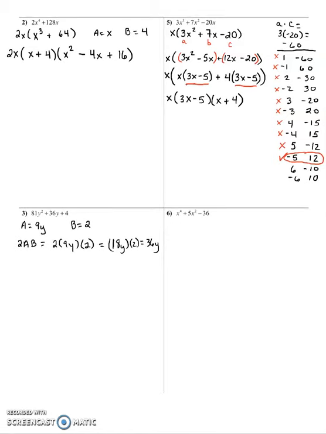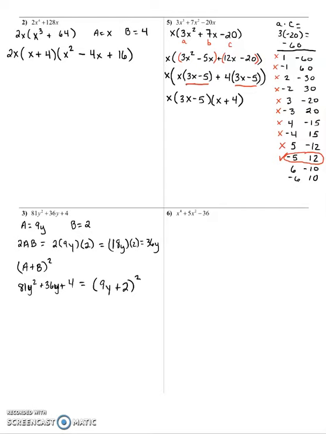So it factors into (A plus B) quantity squared. So in other words, 81y squared plus 36y plus 4 factors into (9y plus 2) squared.